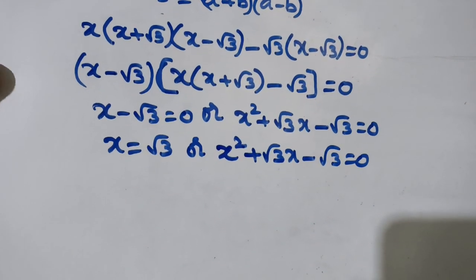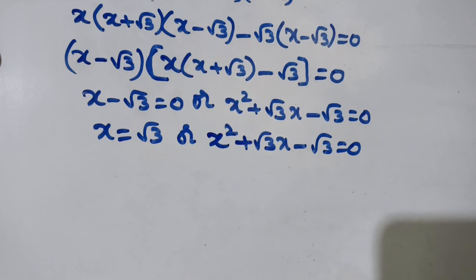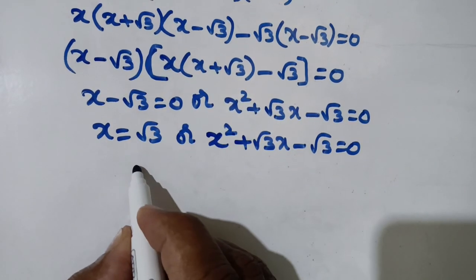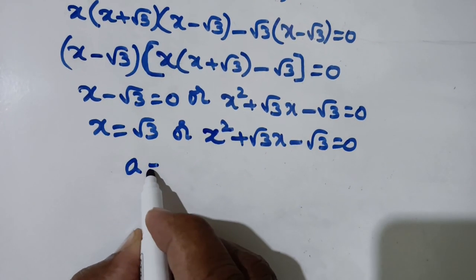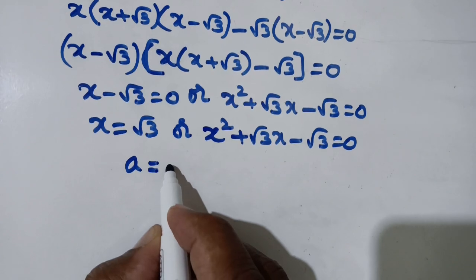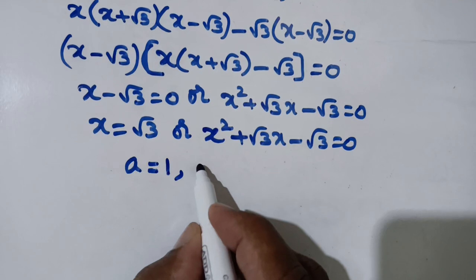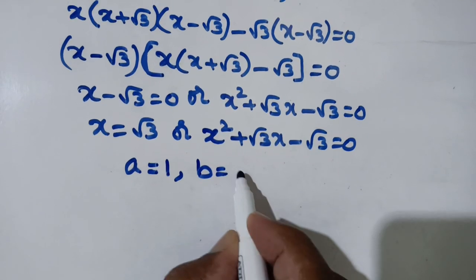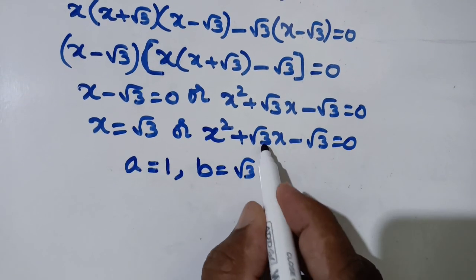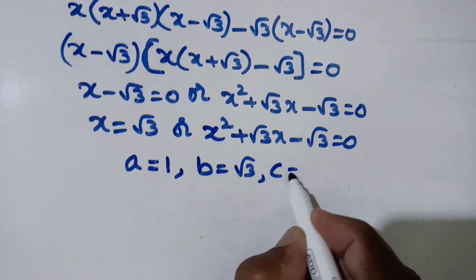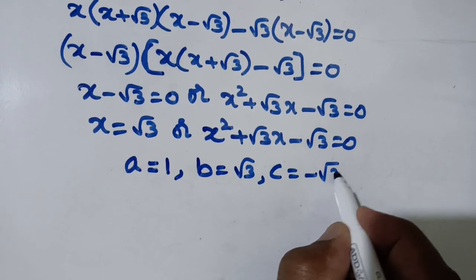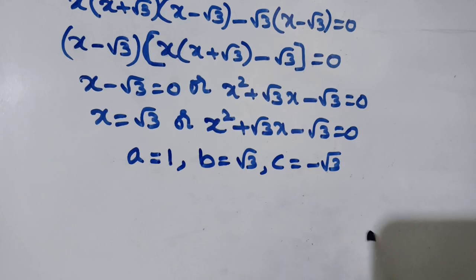This is a quadratic equation in x. To solve it, I use the quadratic formula. So here a is equal to 1, which is the coefficient of x square, b is equal to root 3, which is the coefficient of x, and c is the constant term, which is minus root 3.